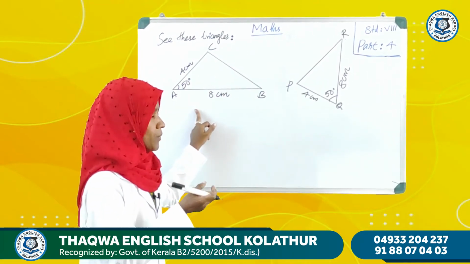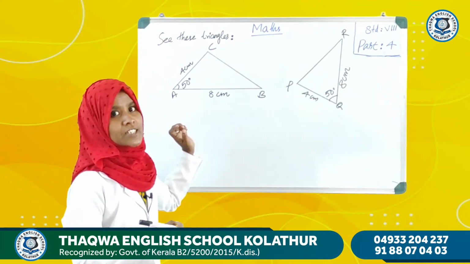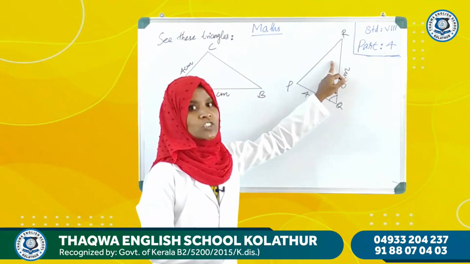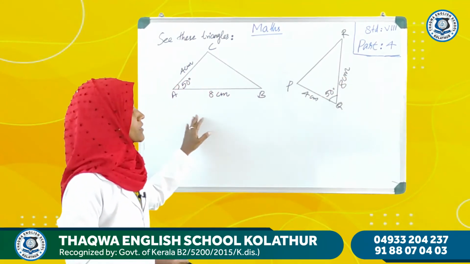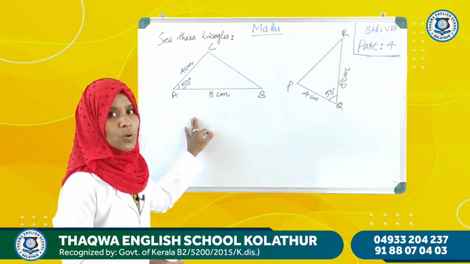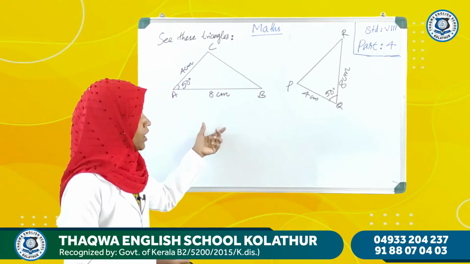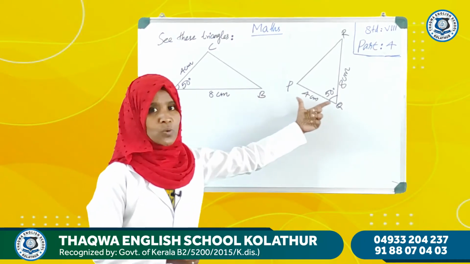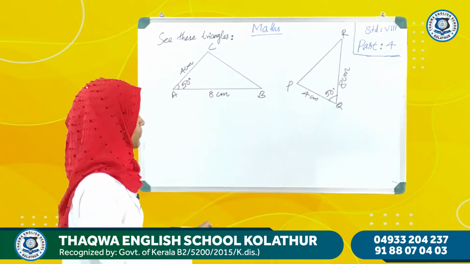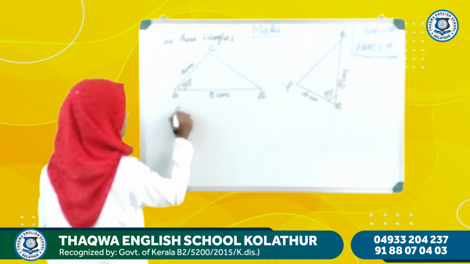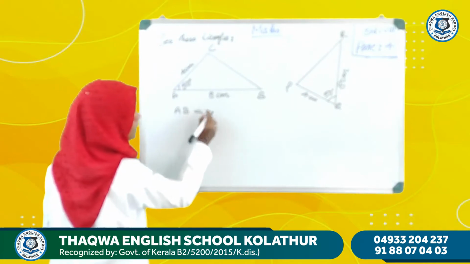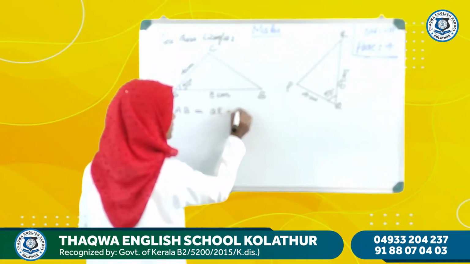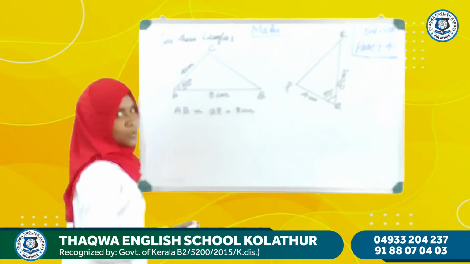By our result, what do we get? The third side of both the triangles and the other angles are also equal. Now we have to find the equal angles from these two triangles. We have AB equals QR equals 8 centimeter.